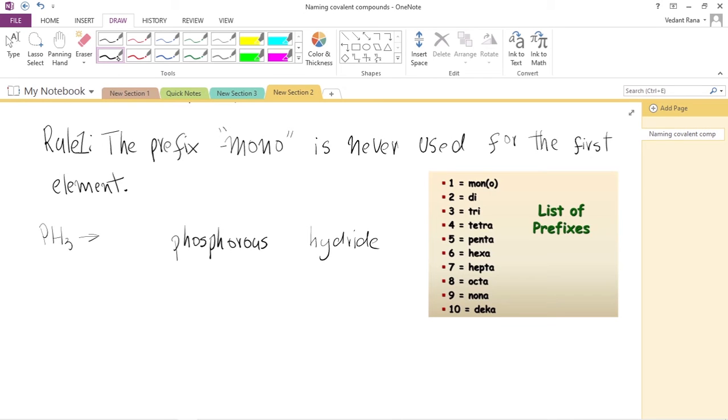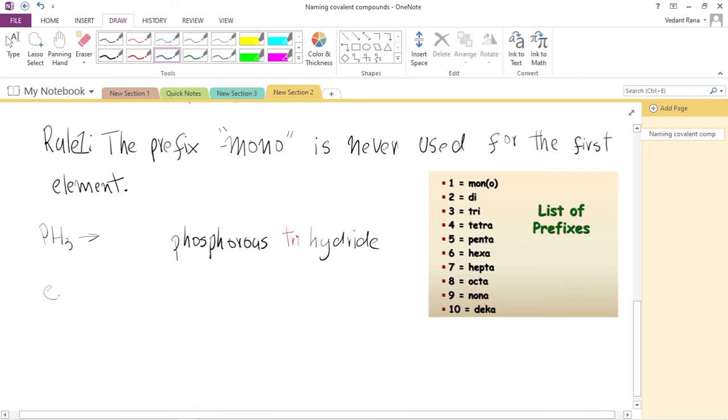The thing is, we use tri for hydrogen. We have 3 hydrogen atoms, so we use tri here, and we don't insert mono here. Instead of writing monophosphorus trihydride, we just leave it as phosphorus trihydride.